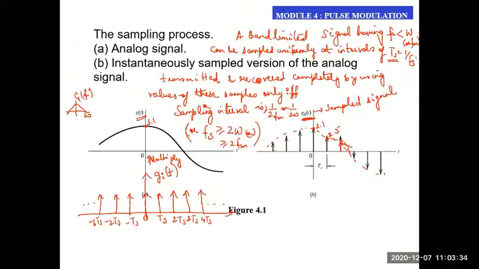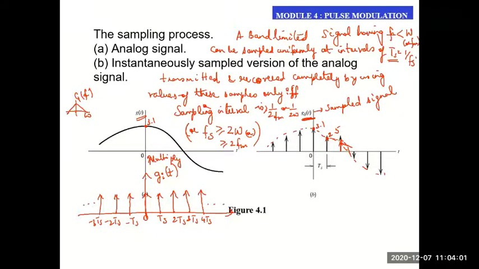Unless you can recover the signal properly, there is no point in transmitting and receiving, right? So our sampling theorem gives us details of how we can sample using some pulse train or impulse train, and how we can send those samples and recover correctly at the receiving end. Is this clear? So this is called the sampling theorem.